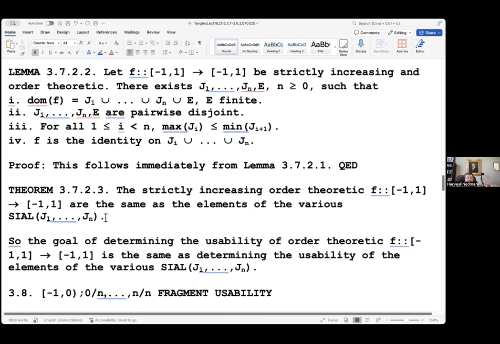Although I know a fair amount about this, it's ongoing research to do better. An important goal would be to actually characterize exactly what they are. Just like I characterized the finite functions, maybe I can characterize the psi-L functions.